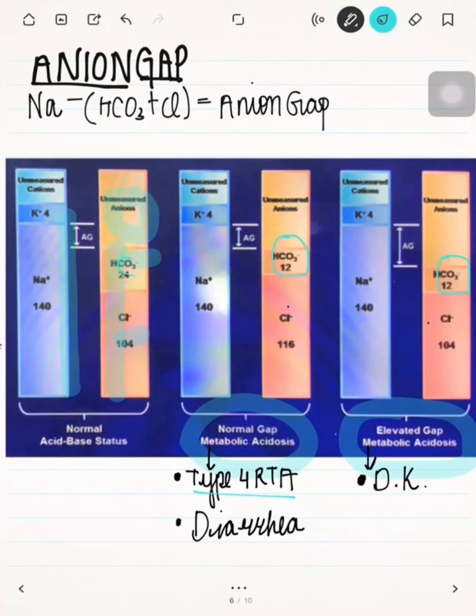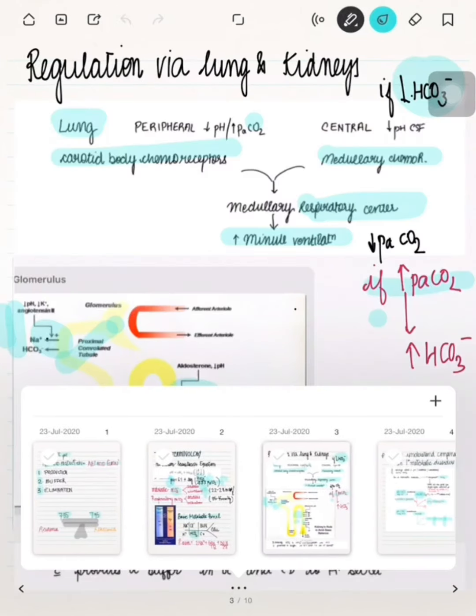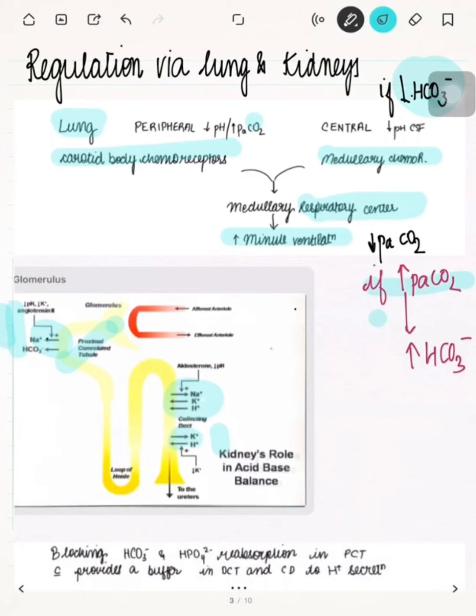which is explained by this diagram, type 4 RTA occurs here. So there will be acidosis because sodium cannot be reabsorbed, and potassium and hydrogen cannot be excreted out. So there is acidosis, and also chloride is reabsorbed here.